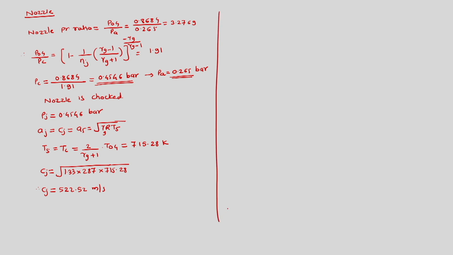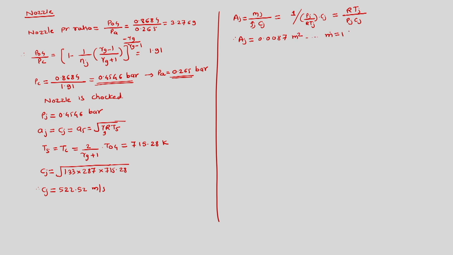For unit mass flow rate we can find out the area, which is equal to mj divided by rho j into Cj, but we are considering unit mass flow rate, so rho j is Pj upon R Tj, so it is R into Tj divided by Pj into Cj. So the jet area for unit mass flow rate is 0.0087 meter square.